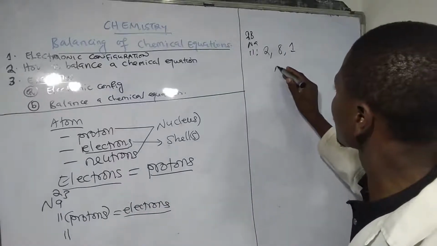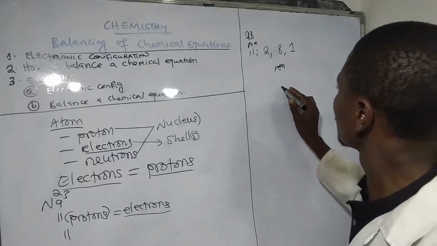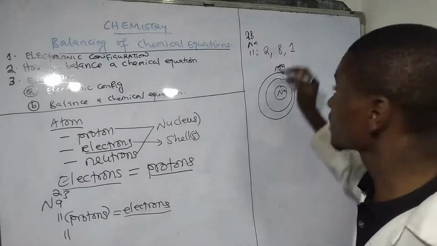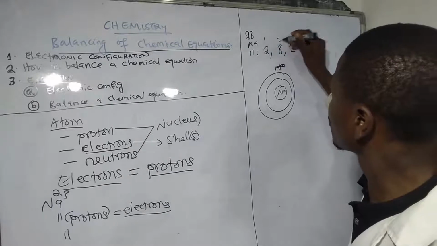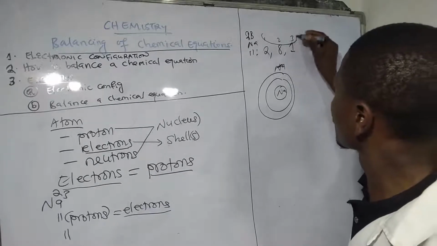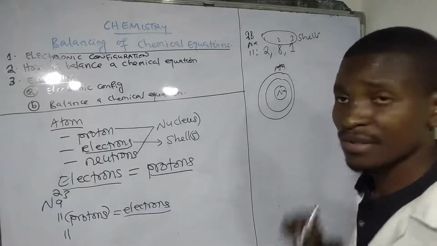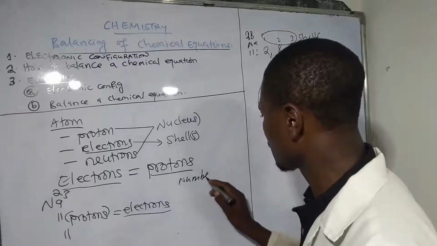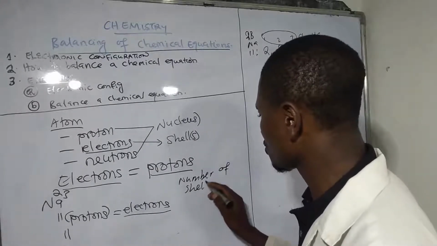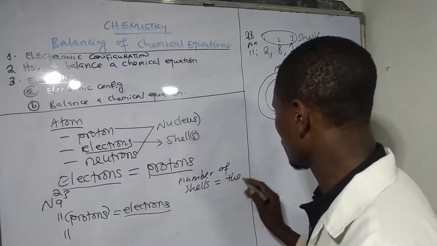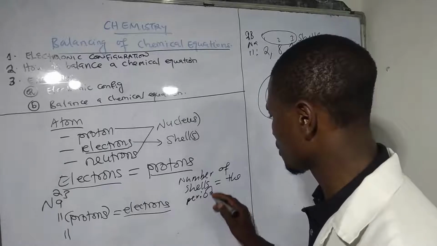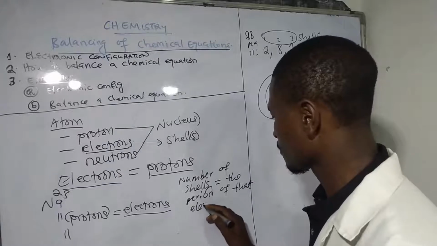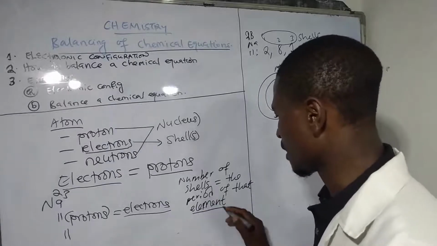So I say sodium has 1, 2, 3 shells, meaning that the number of shells equals the period of that element.